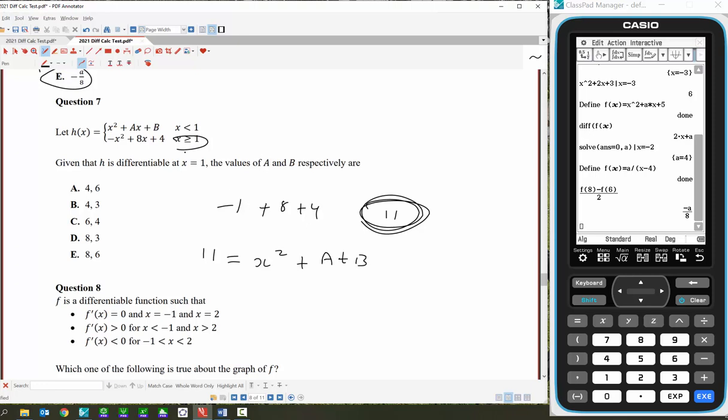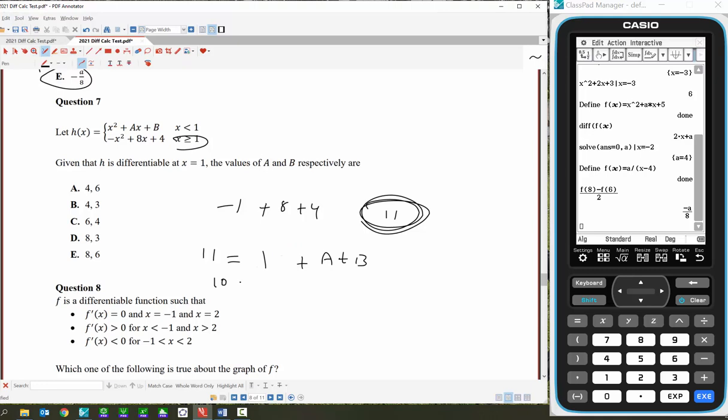So what I've done basically is I'm trying to make them continuous. Okay, so I know that this function here is equal to 11 at x equals 1. So this one has to as well. I think I might have stuffed that up. Oh, why did I put x squared there when I'm putting 1 into that first function? So that should be 1.